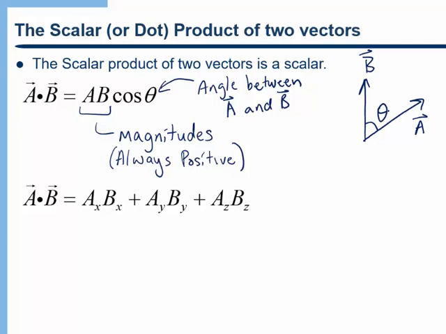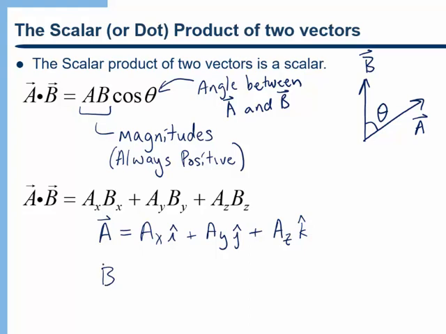Now, if we have our vectors in unit vector notation, so in other words, instead of having the magnitudes of the vectors and their direction relative to each other, maybe I know that vector A is made up of an x component, a y component, and a z component, and I have it in unit vector notation like that.